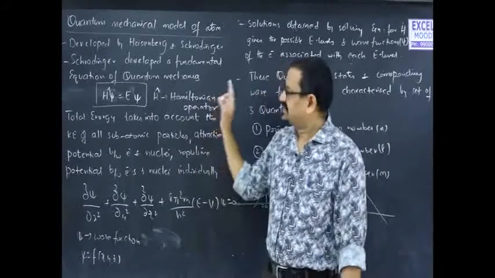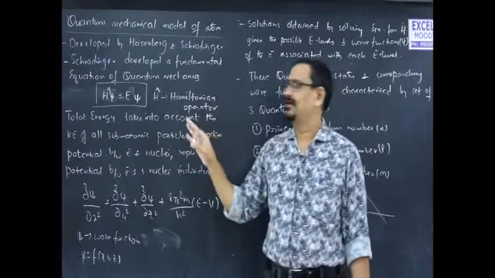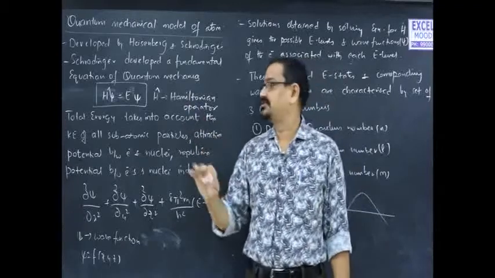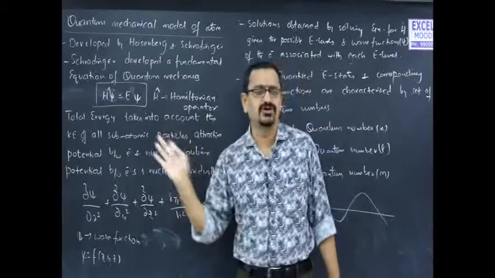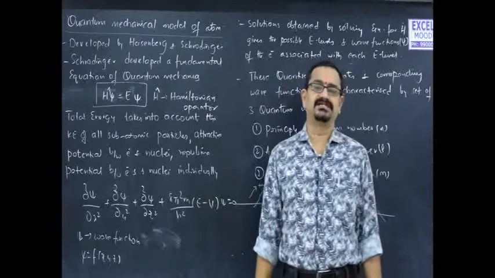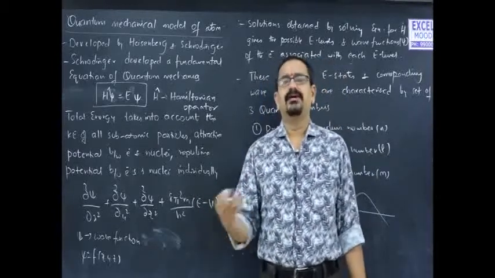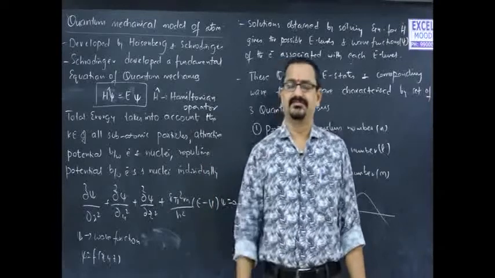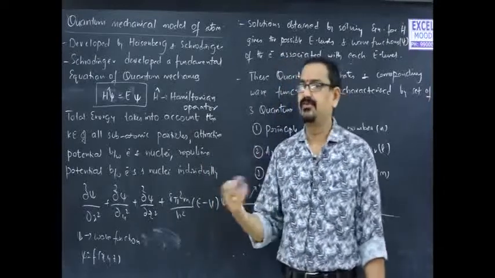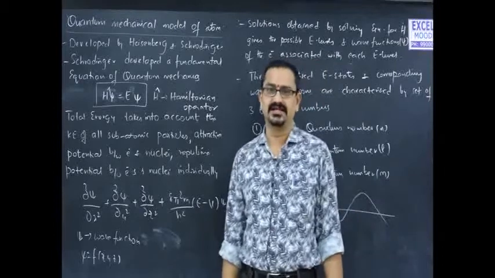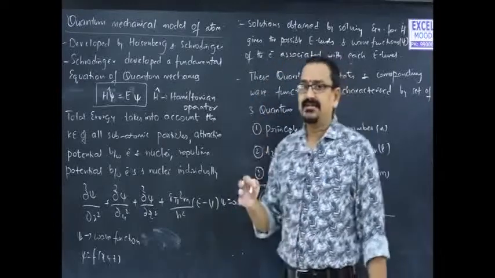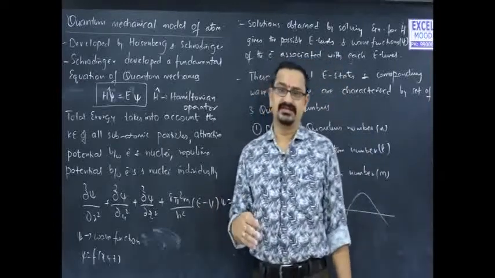But these classical laws based on Newton's laws of motion failed to explain the motion of microscopic objects like electrons. That is why there was a need for other theories which can explain satisfactorily the motion of subatomic particles, right. At that moment, the dual nature of electron came into existence.